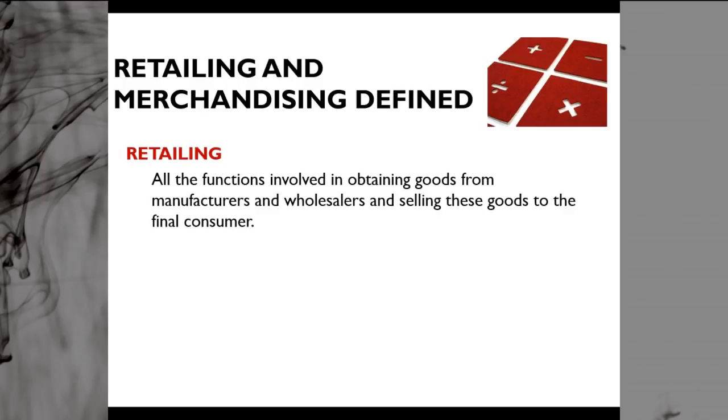Retailing is the last step in the supply chain, and it moves the goods from the producer to the final customer. The definition of retailing includes all the functions involved in obtaining goods from manufacturers and wholesalers and selling these goods to the final customer.